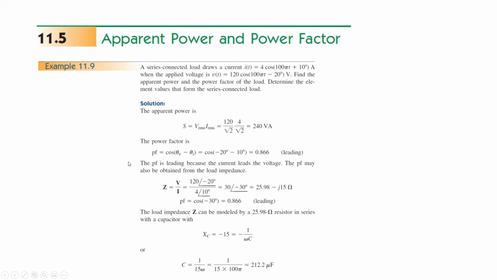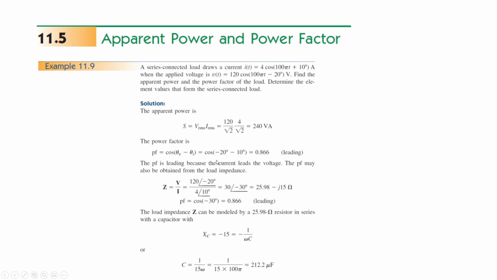And the power factor for this particular source is, so first we need to find the angle argument. So this is the phase of voltage, which is minus 20, and this is the phase of current, which is 10.